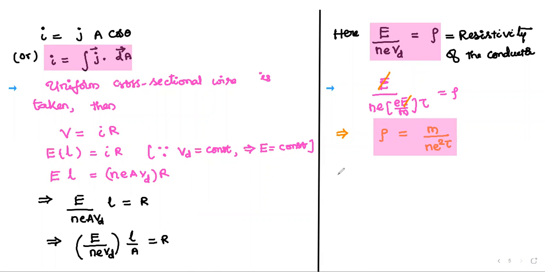That implies, check there, is any variable there in rho, Nana? m is constant for a given material, number of electrons per unit volume is constant, e square is constant, tau is constant. And the whole thing is independent of electric field intensity developed and it is constant for a given material.